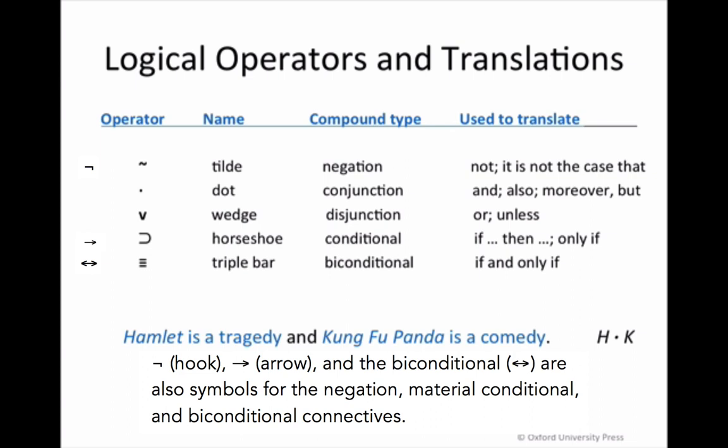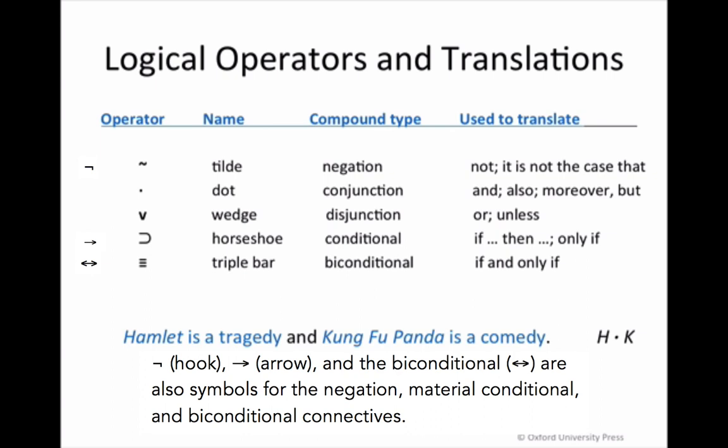So take a look at the bottom example. We had H for Hamlet is a tragedy. We had K for Kung Fu Panda is a comedy. And then we have the connective and, which is a conjunction. And so if you look over to the right side of your screen, you'll see the translation H.K. Now, notice that one of the differences between what we were studying earlier and what we're studying now is this.